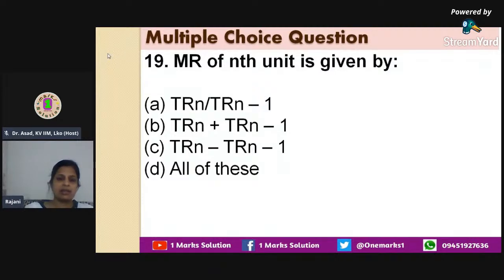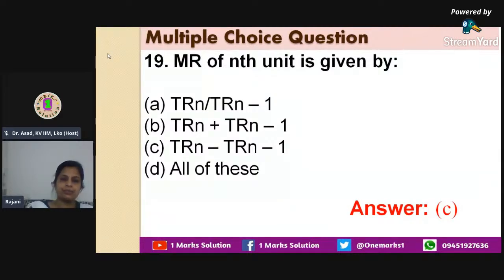So option C is the correct answer, TR n minus TR n minus 1. Total revenue from the current sale of output minus total revenue from the previous sale of output.